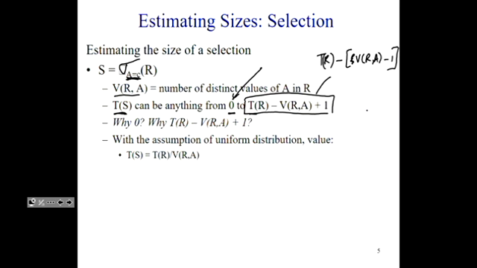This comes from the fact that you know there are V of R comma A distinct values of A. Therefore there must be at least V of R comma A minus 1 tuples that have values other than A equals C. This is the smallest number of tuples that can exist that don't have A equal to C, and if you set the remaining tuples all to have A equals C, this is what you end up getting.